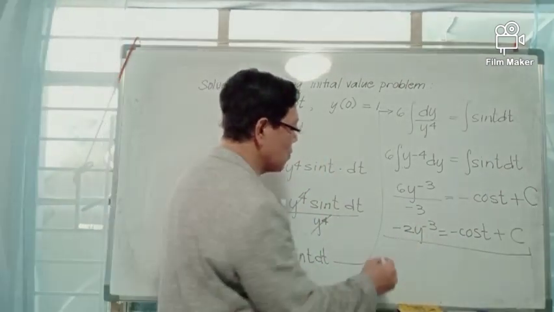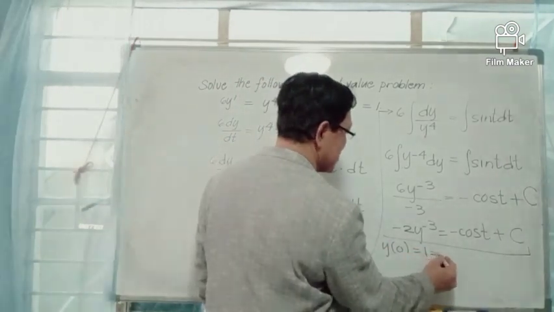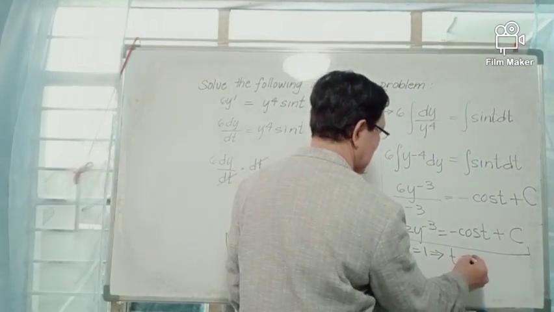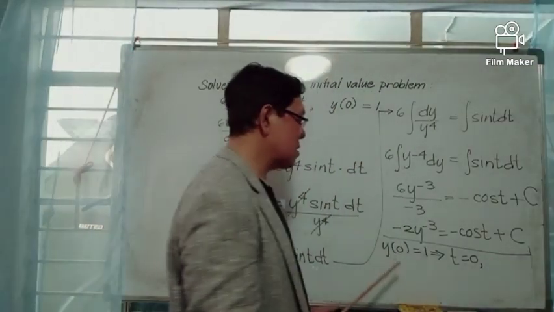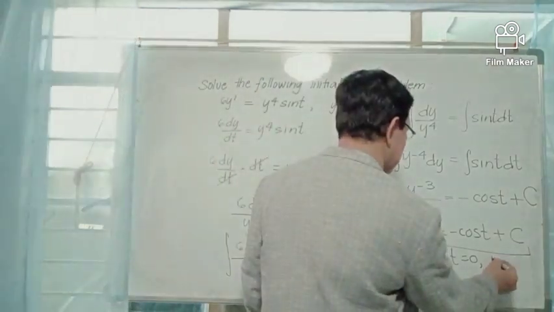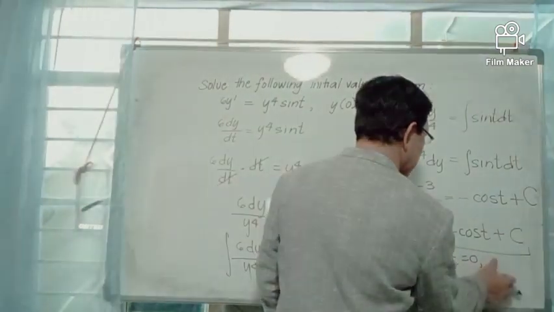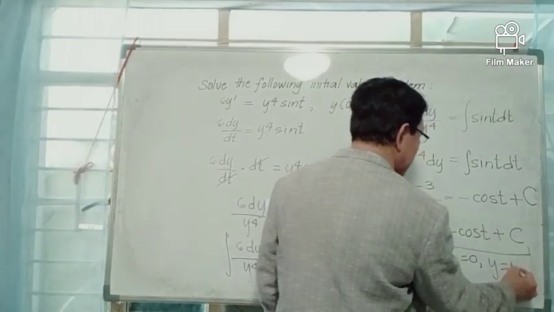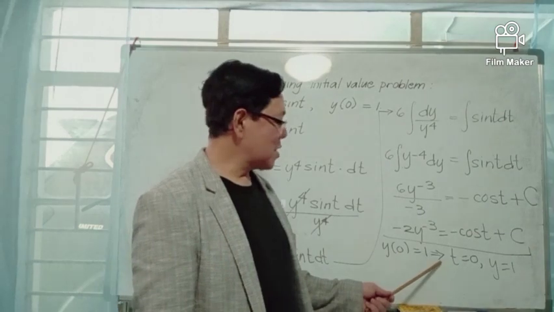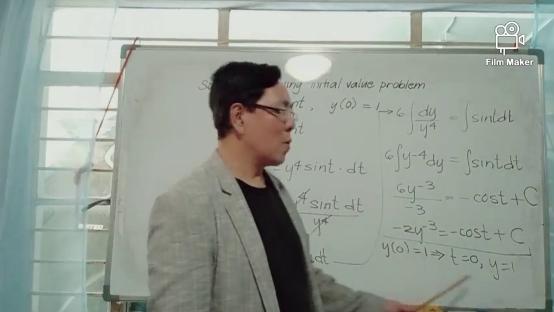The condition given, y of 0 equals 1, implies that when the value of t is 0, the value of y is 1. So we replace y with 1.